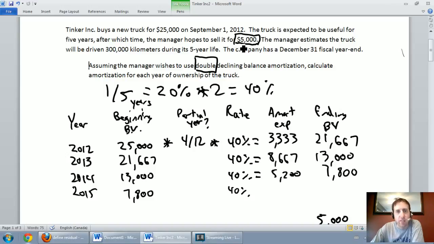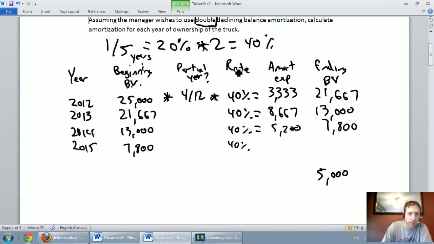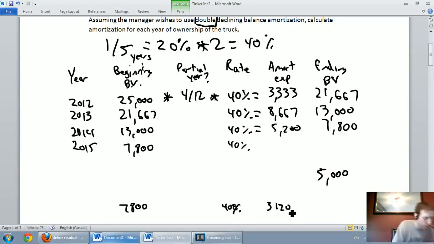This asset has to remain at $5,000, and I can see if I amortize this for 40%, which was 3,120, 7,800 minus 3,120 is going to take me below $5,000. It's going to take my ending book value down below 5,000. So again, if I had done this, I'll maybe just squeeze it in here at the bottom of the page because we're not going to do it. I would go 7,800, 40%, and get 3,120, and of course 7,800 minus 3,120 is 4,680.